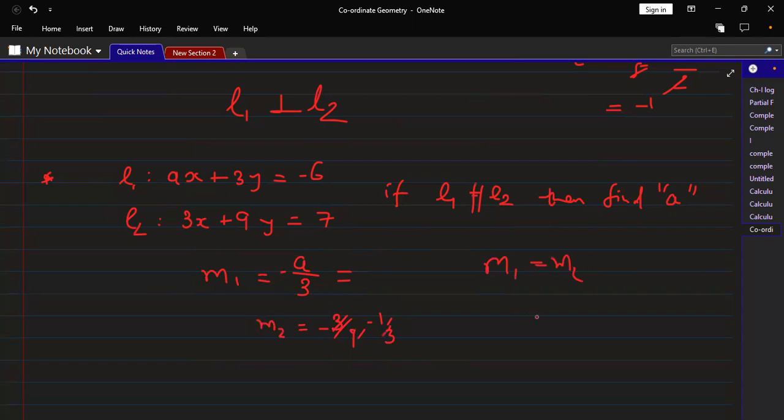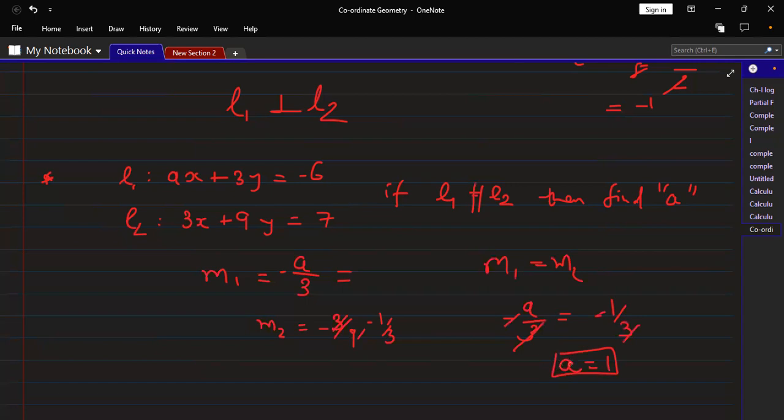So that's why A upon 3 minus one upon 3 minus. So minus 3 denominator will be cut. So A equals to 1.